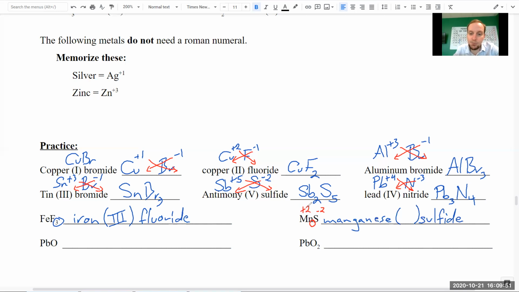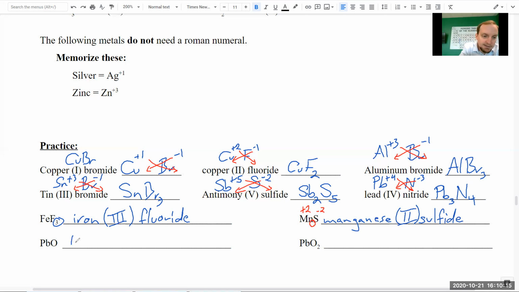It has to be a +2 because if sulfur is a -2, and manganese is a +2, they cancel out, and you would just end up with MnS. Otherwise, it'd be Mn2S. So that tells me that the charge of manganese must be 2. It's manganese 2 sulfide because it canceled out the charge of the sulfur.